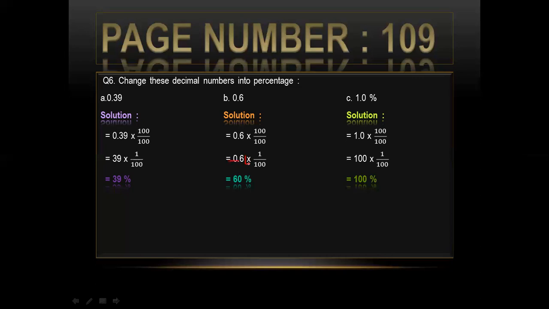Then we have 1.0. We multiply and divide by 100. In part C, we multiply and divide it by 100. 100 multiplied by 1 over 100 will be 100%.